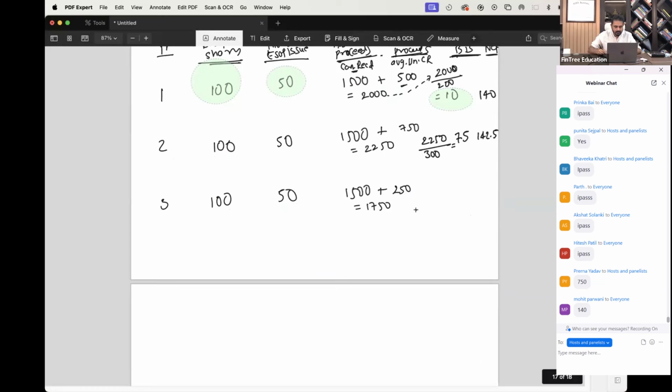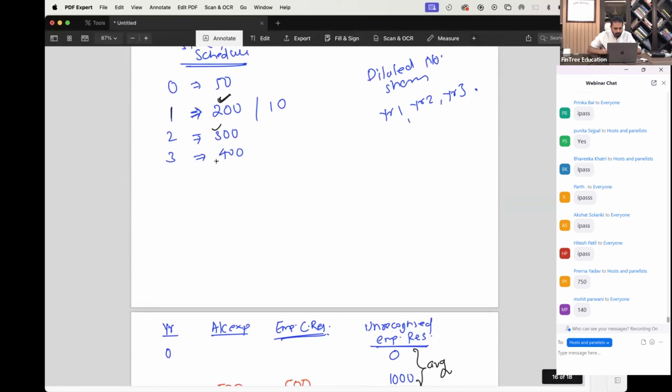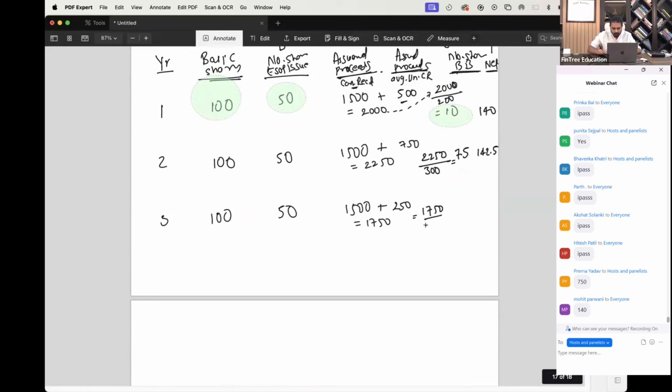Next year it will be 1750 divided by stock price of 400, so I'm buying them back at 400. That's 4.375 shares. So now you're left with 145.625. If you've understood this, then great job. You've mastered this section. Now you know how to deal with these. What do you think?